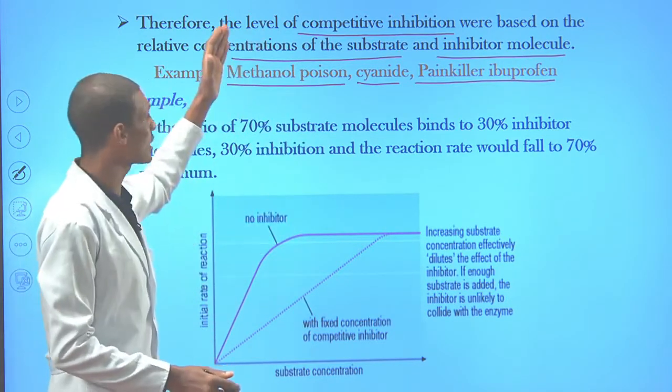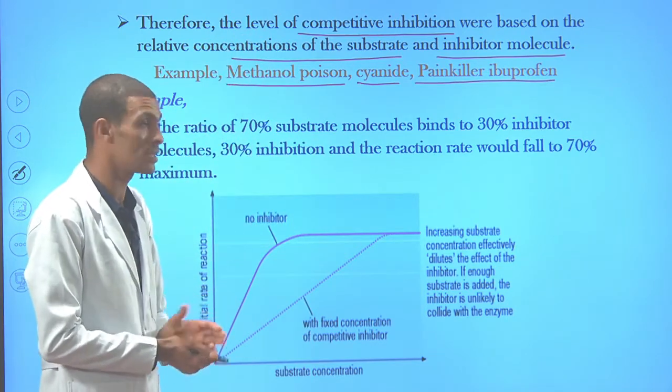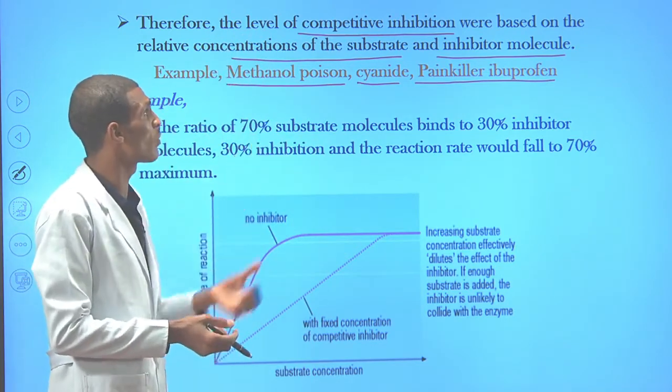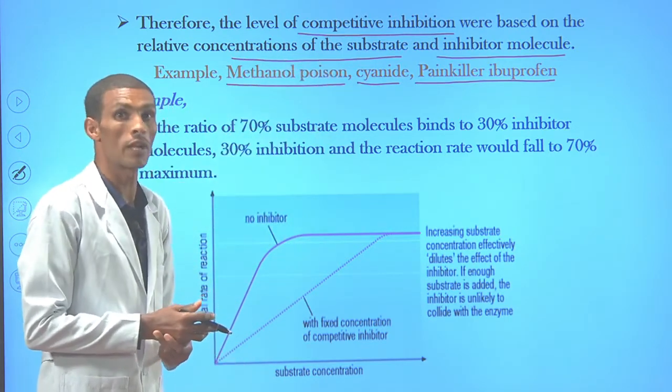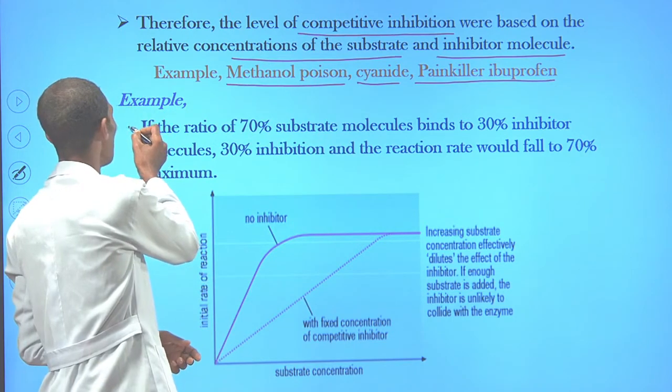The rate of reaction for a competitive reversible inhibitor is based on these two factors. For example, let me perform this example together.